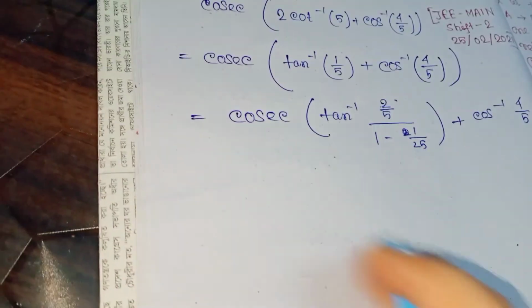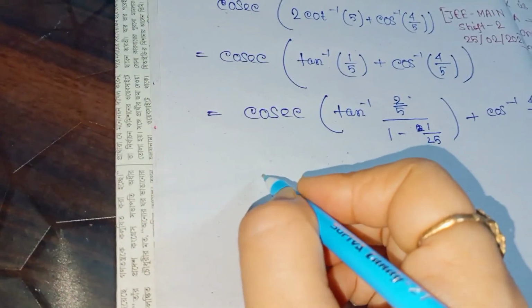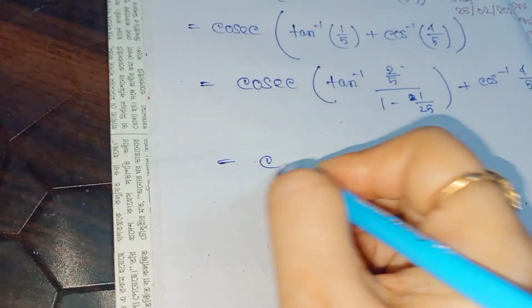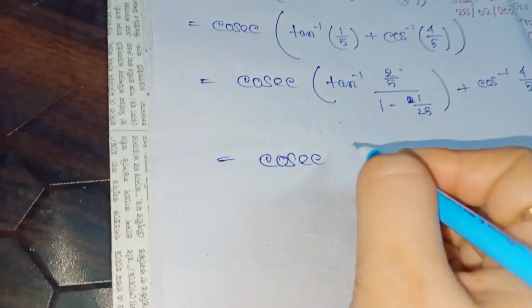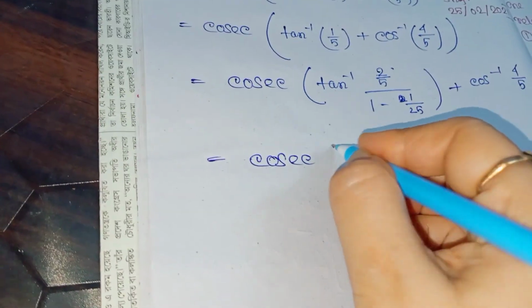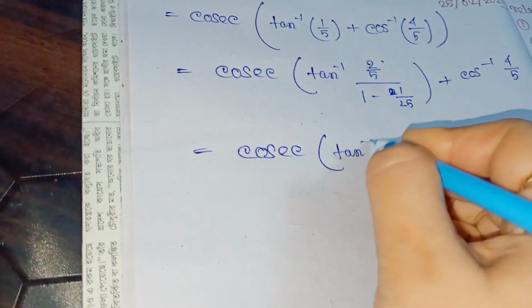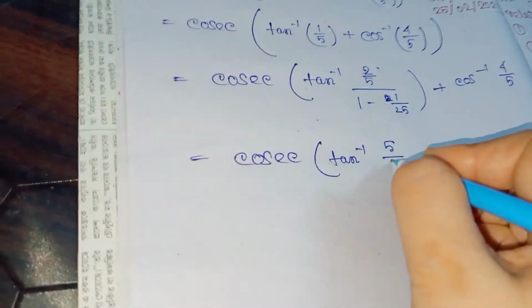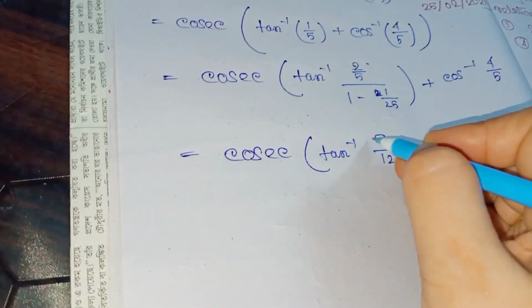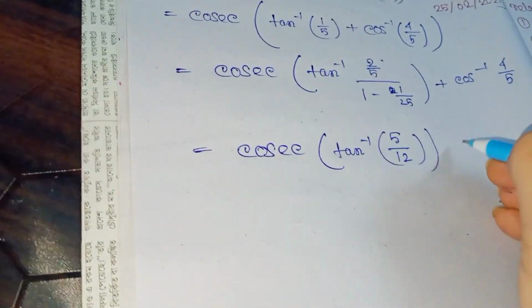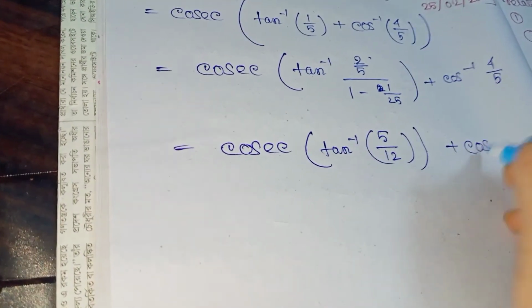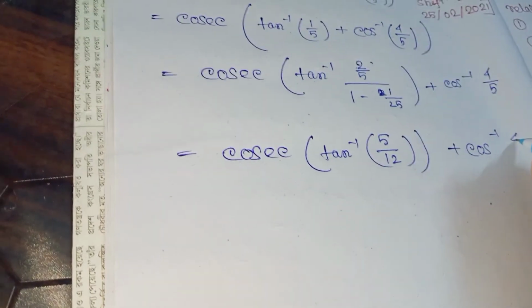So now this one becomes cosec of tan inverse 5 by 12 plus cos inverse 4 by 5.